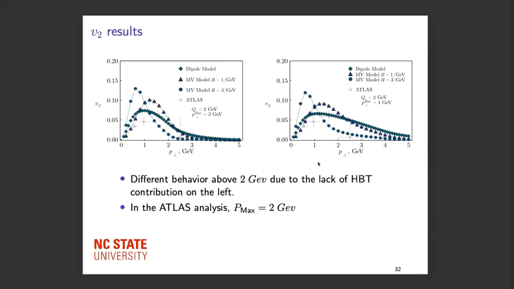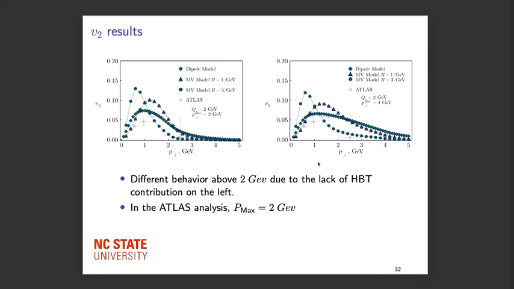You can see that the HPT contribution essentially controls the shape of the V2, because when the associated particle goes to 4 GeV, you basically include the HPT contribution from 2 to 4, which makes this curve less steep than this one.